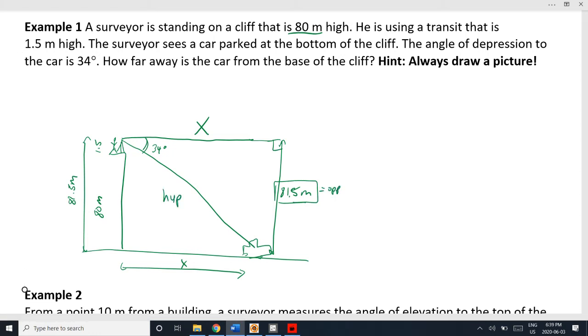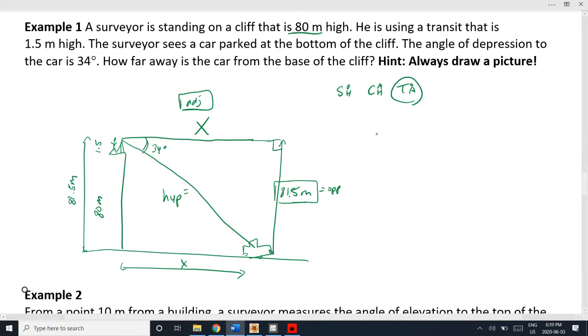We don't really need to solve for this, but we know it is the hypotenuse, and we're looking for x, which is the adjacent. Okay, so since we're dealing with opposite and adjacent, we can think of SOHCAHTOA before we select anything. So we're looking at opposite and adjacent, so we're looking at TOA, tan.